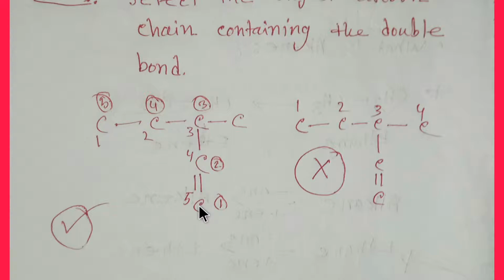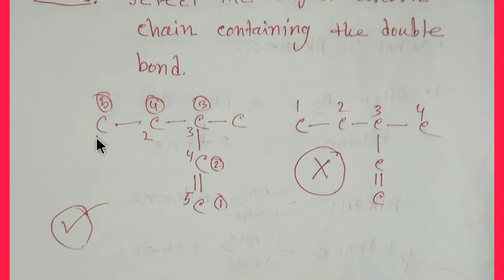If I number this compound from this side up to this carbon, then I am getting 4. So this is not acceptable. I have to consider the double bond and the longest chain. So 1, 2, 3, 4, 5.